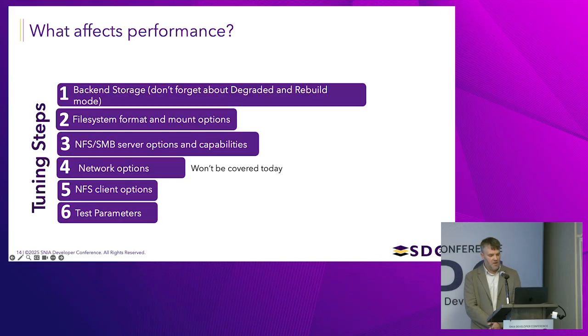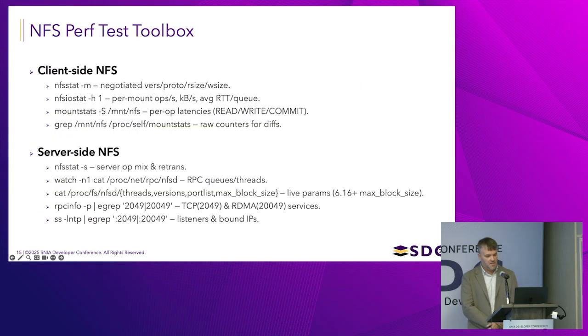After that, we can run the first benchmark from the client side to tune the network and the NFS client options. At times, we need to change test parameters. NFS provides us with a broad and very good set of tools to observe what is going on, to understand bottlenecks, to be sure that the parameters we implemented were applied on both sides, and that negotiation between client and server performed well.